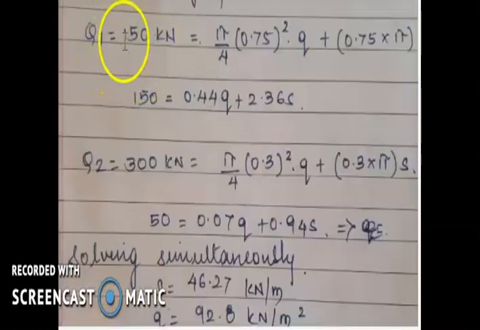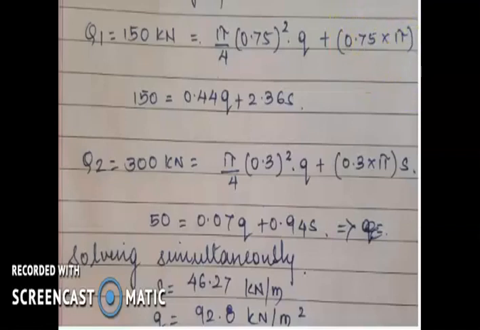For the first case, load is 150, the diameter is 750 mm, so I convert it into meters, 0.75. So pi d squared by 4 is the area, into q, the constant, plus pi into d, the perimeter or circumference, into s.